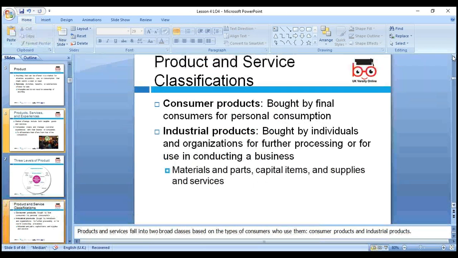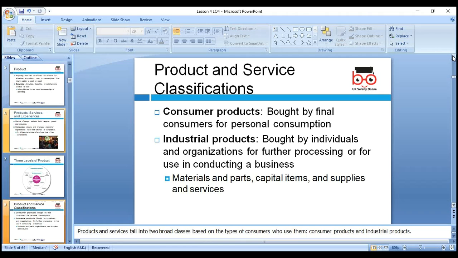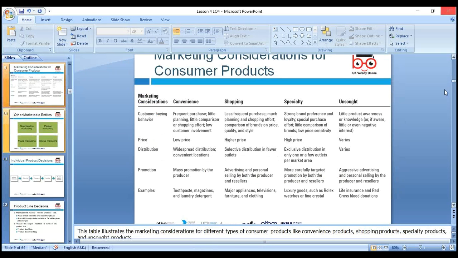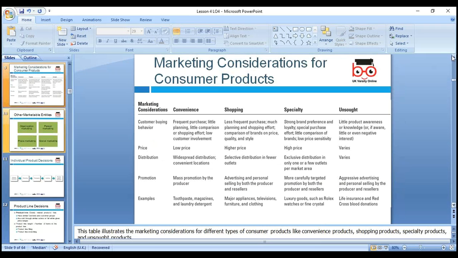We can divide products into consumer products and industrial products. Industrial products are those used in industry: processing, conducting business, materials and parts, and capital items. All this we need to be well aware of. For consumer products, we really need to understand customer buying behavior, the distribution channel, and promotion.